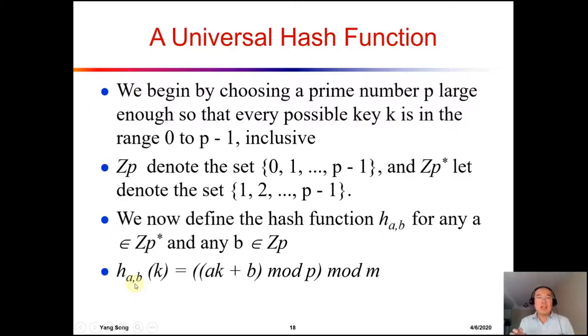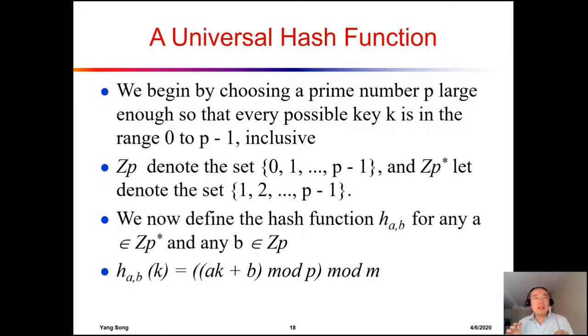Given a belongs to Zp star and b belongs to Zp, you can pick any number you want as a and b. Given a combination of a and b, we can define h_ab like this: (ak + b) mod p, and then mod m. This will guarantee to return an integer value between 0 and m minus 1.